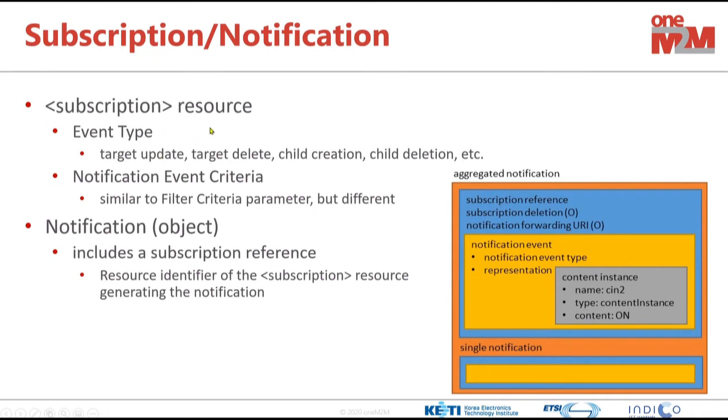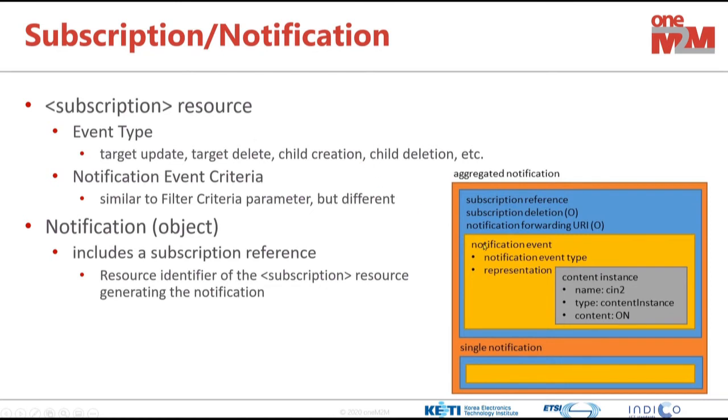I can pick two different types, so not just one, it can be multiple types for a single subscription. In that case, the notification says this is a notification for the child creation.